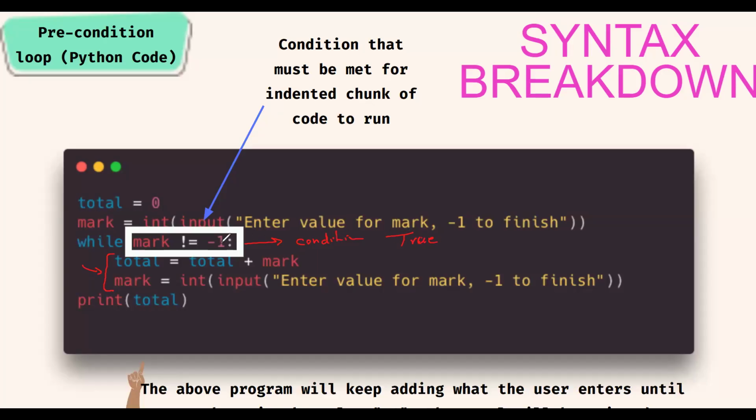If it is false, we will not run this code even a single time. This condition needs to be true, or else we will never run that code. That's why it's called the precondition. We check the condition first, and if it doesn't match, we jump to that line and omit running the while loop totally.